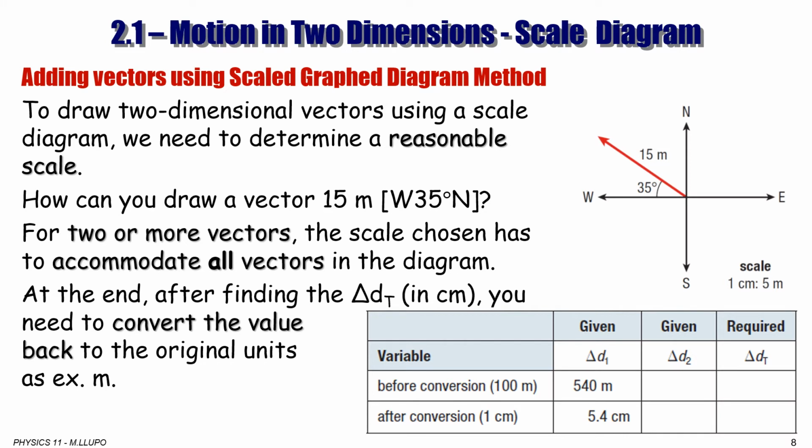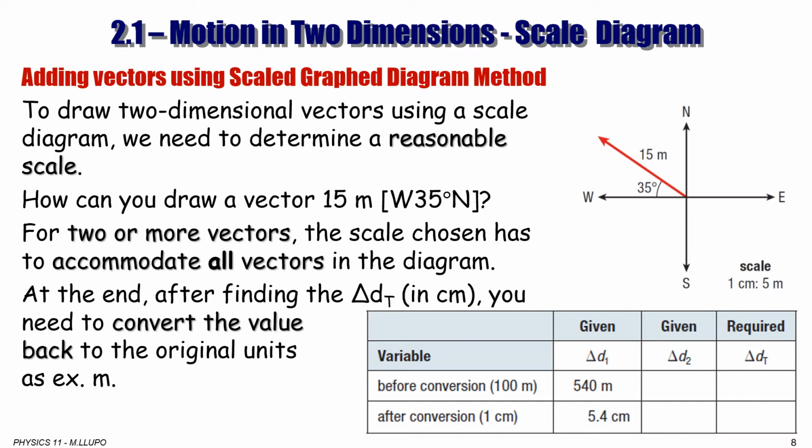At the end, after finding the total displacement, you draw it, and I'm going to teach you how to draw it shortly. You need to convert the value back to the original unit. You cannot express something like this: first displacement is 540 meters, second displacement is 700 meters, and total displacement is 400, for example, depending on the angle, obviously.